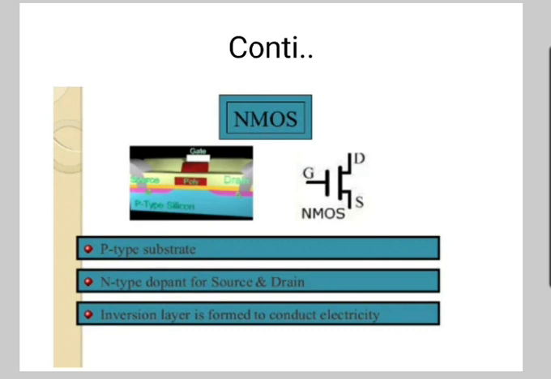Here in the NMOS transistor, a P-type substrate is used, and N-type dopant for the source and drain. An inversion layer is formed to conduct the electricity. So an N-channel transistor requires logic 1 on the gate terminal to make the switch conducting, that is, transistor on.